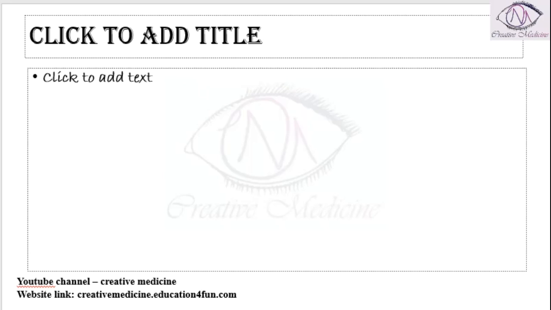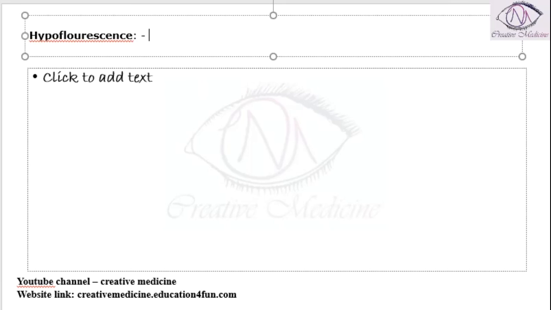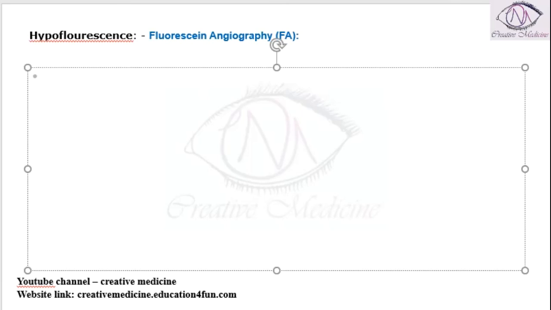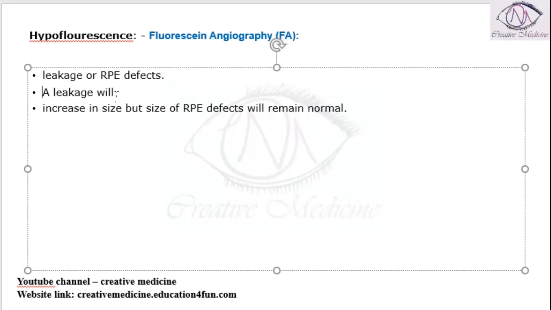So when do you see hypofluorescence in fluorescein angiography? In fluorescein angiography, hypofluorescence is seen if there is any leakage due to retinal pigment epithelial defect.